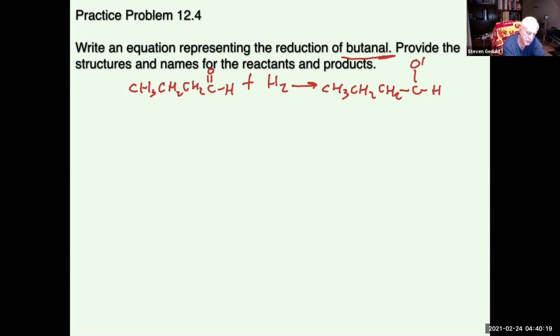So we add a hydrogen on this side of it and a hydrogen on this side of it. Okay, so it says provide structures and name the reactants and the products. Well, the reactant that we named already is butanal. This is butanal. That's hydrogen. And this is what? What's the name of the product formed?